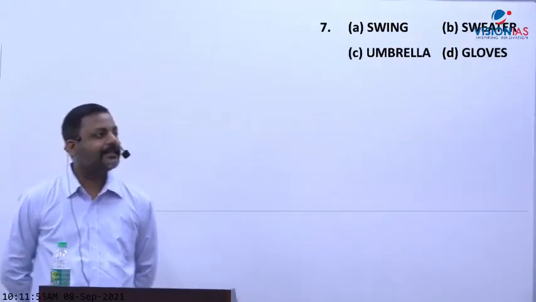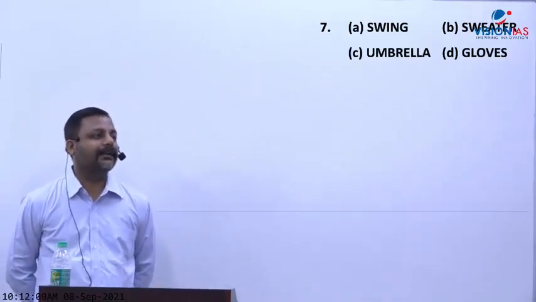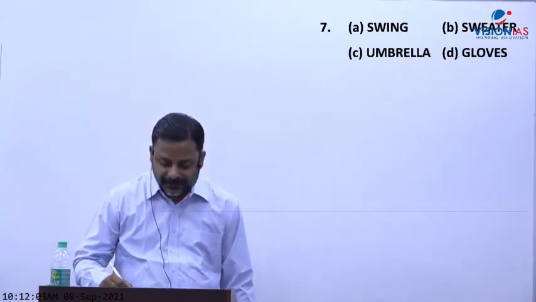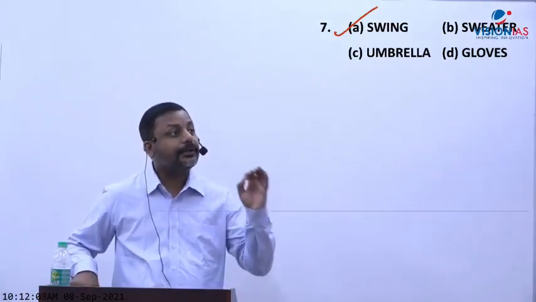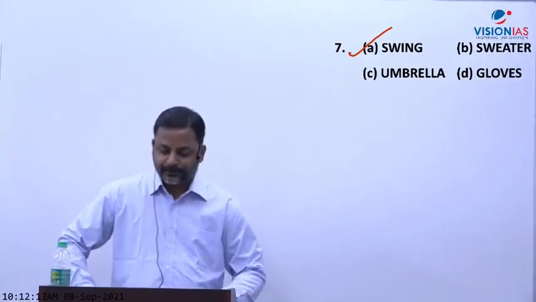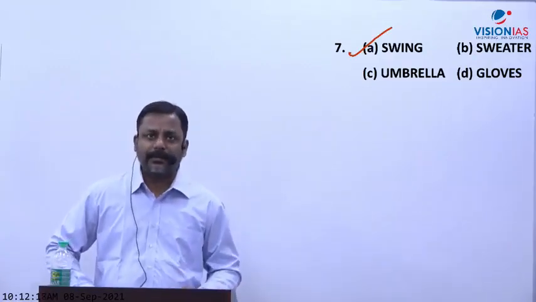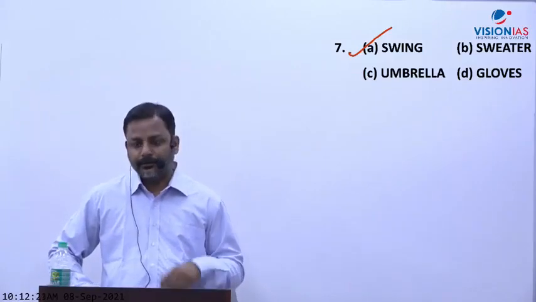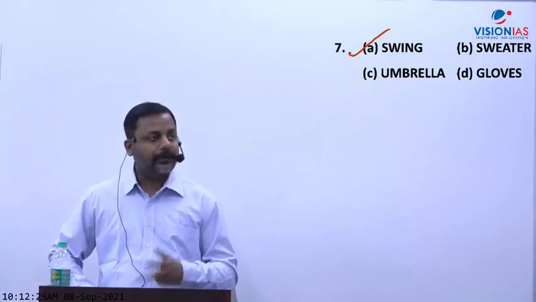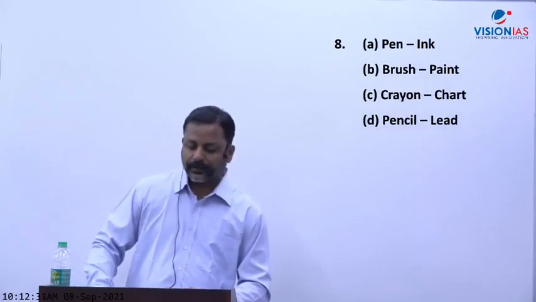And the reason is? Yes, swing is not a part of protective gear. So here the answer should be swing. Very good, Ashish. Rest of the things are protective gears which we use in some specific seasons. Like in winter we use gloves and sweaters, and in the rainy season we use what? Umbrella.